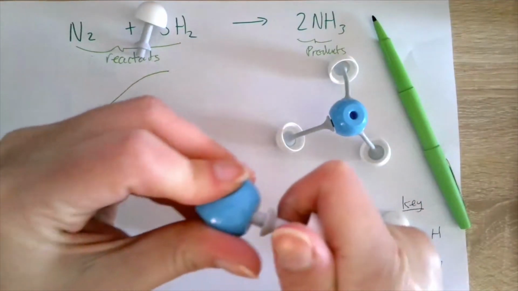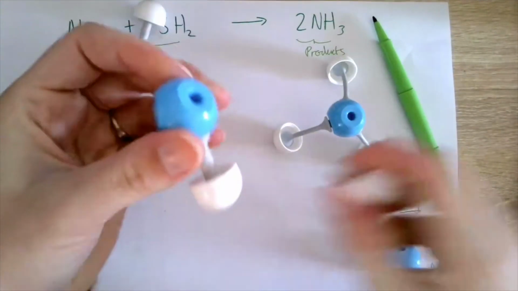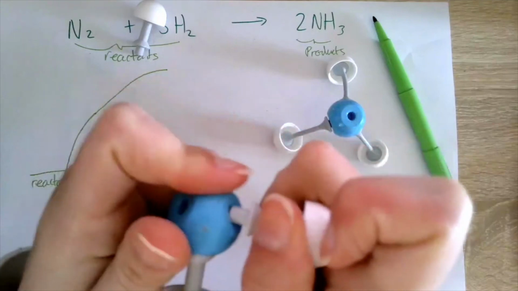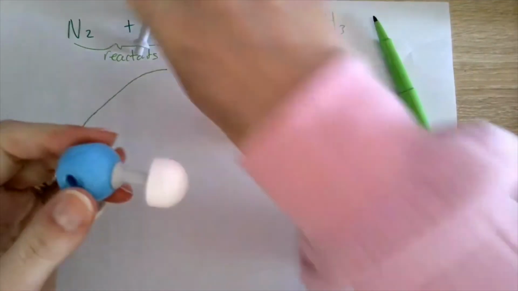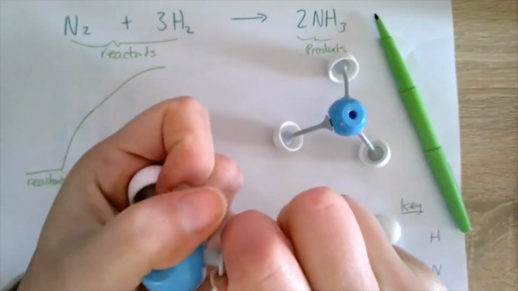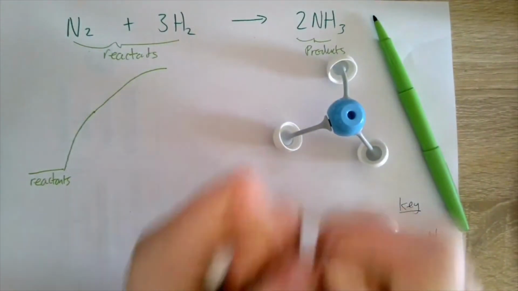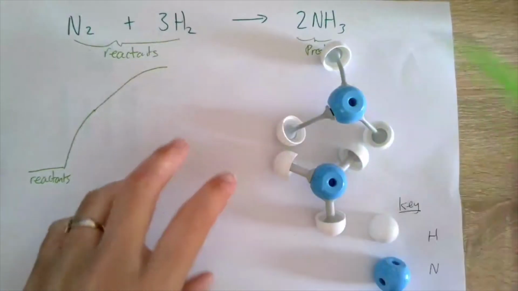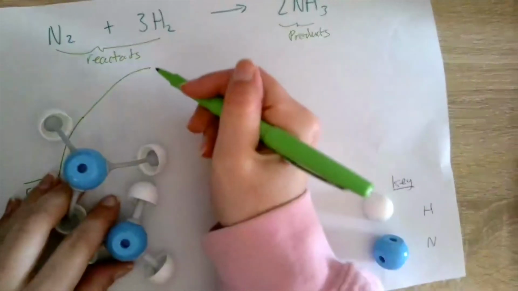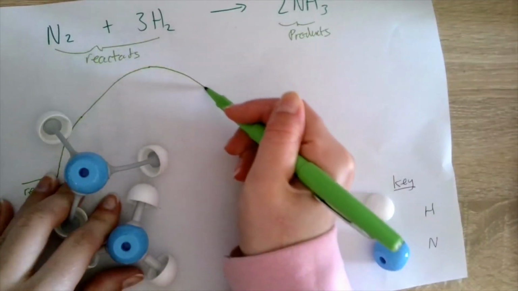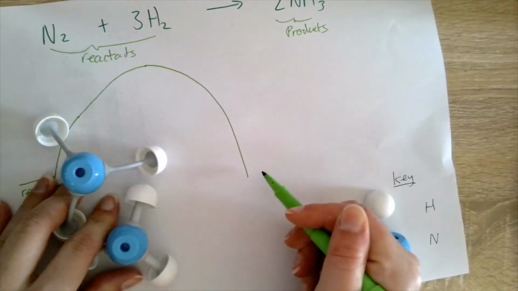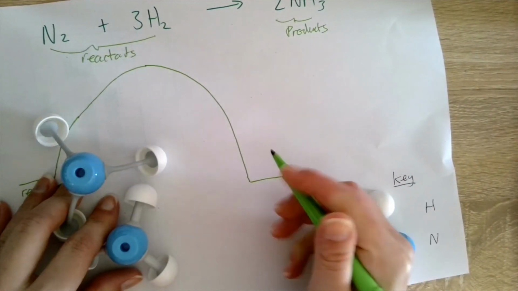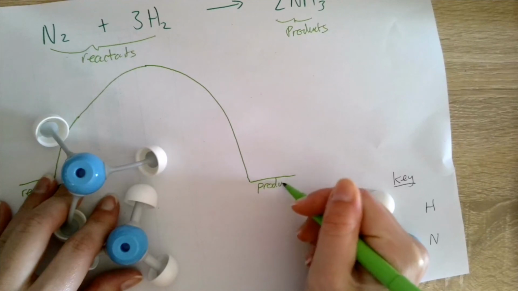So in total we end up making 6 nitrogen-hydrogen bonds due to the 2 molecules that we've made. And making bonds, we know this is an exothermic process. It releases energy to form our products.